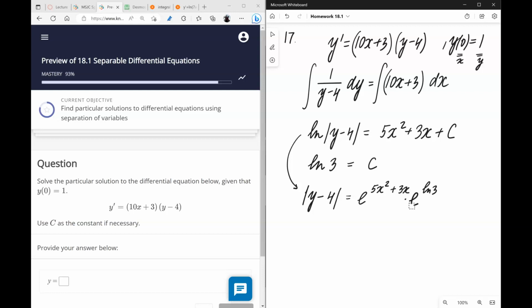So e to the power ln 3 actually is just 3 in the front. Now 3e is positive, so y minus 4 must be equal to some positive value. Well, technically it doesn't, so hold on. How do we justify that it's not equal to negative 3? Let me think. So if we plug in x equals 0, this is going to be equal to negative 3.